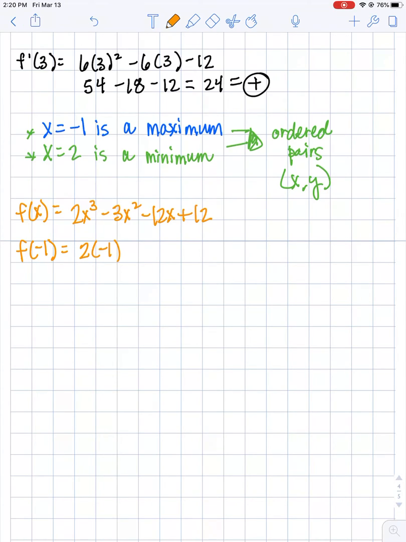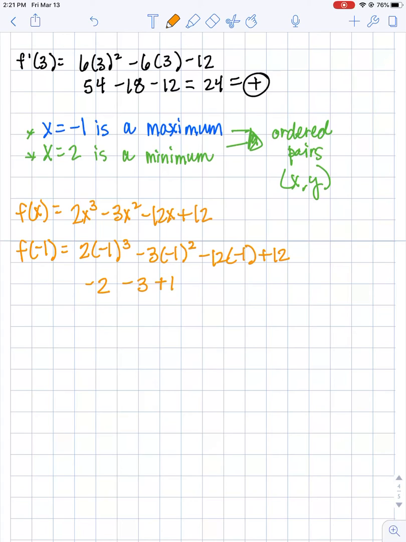So it'll be 2 times (-1) cubed minus 3 times (-1) squared minus 12 times -1 plus 12. All right, so let's do this arithmetic. -1 cubed is -1. -1 times 2 is -2. -1 squared is a +1 times -3 is -3.